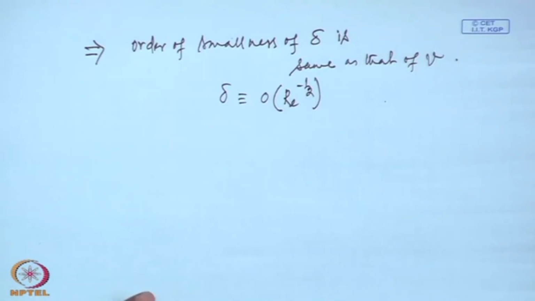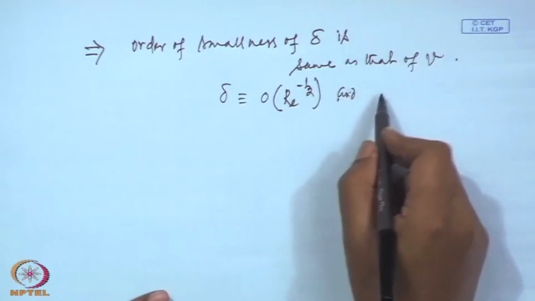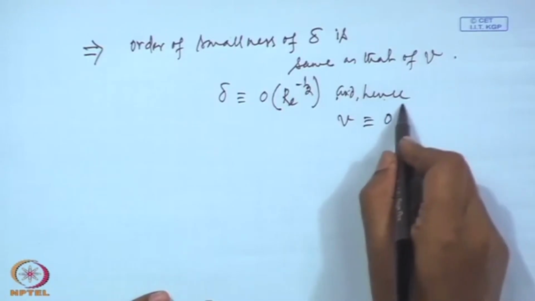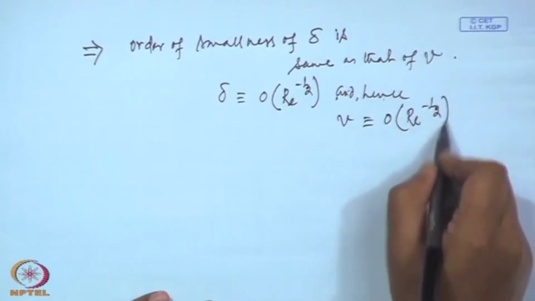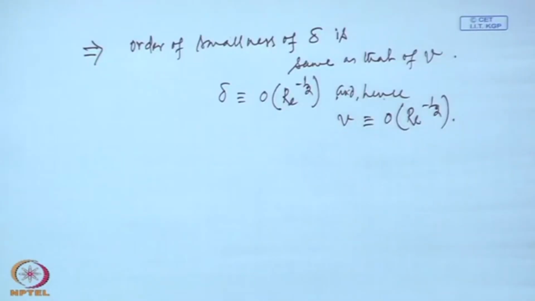Isn't it? Or you can write that delta is proportional to L by square root of Reynolds number, and V is proportional to u infinity by square root of Reynolds number.